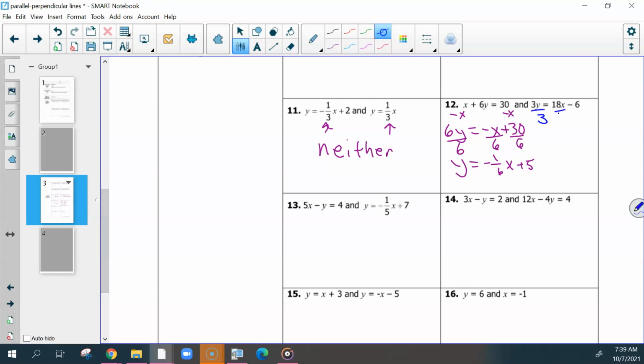So divide everything by 3 to get y equals 6x minus 2. Once we have them in slope-intercept form, then we can look at the slopes and see, are these parallel, perpendicular, or neither?